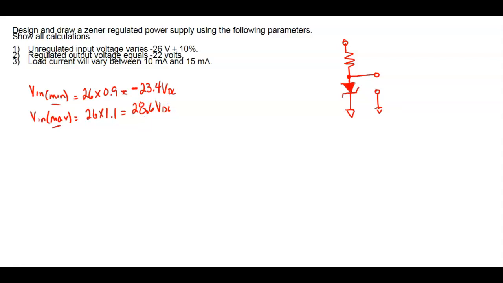So what Zener are we going to use? Y'all can see the data sheets. I'm sorry I can't get to them. Oh, so we're looking for a 22 volt Zener.